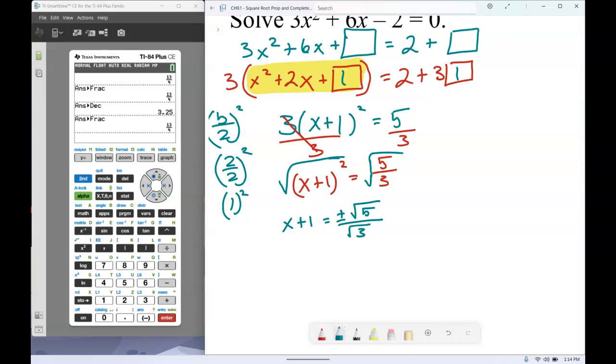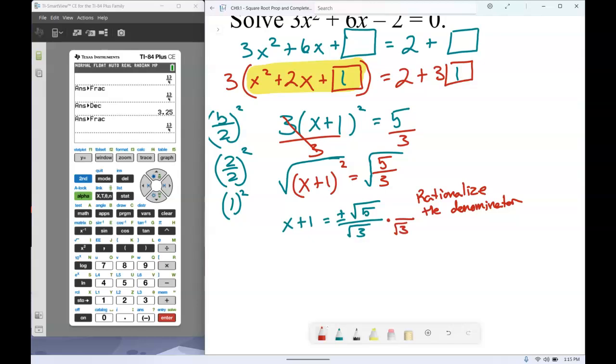Now, per our rule for simplifying radicals, we cannot have radicals in denominators. We cannot have fractions in radicals. So now we have to rationalize the denominator. I need to multiply the square root of 3 by something that will let me then take the square root. What can I multiply 3 by so that it becomes a perfect square? 3.